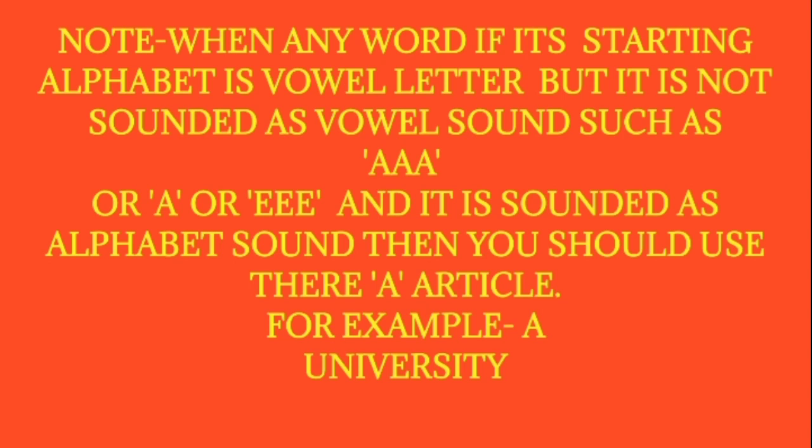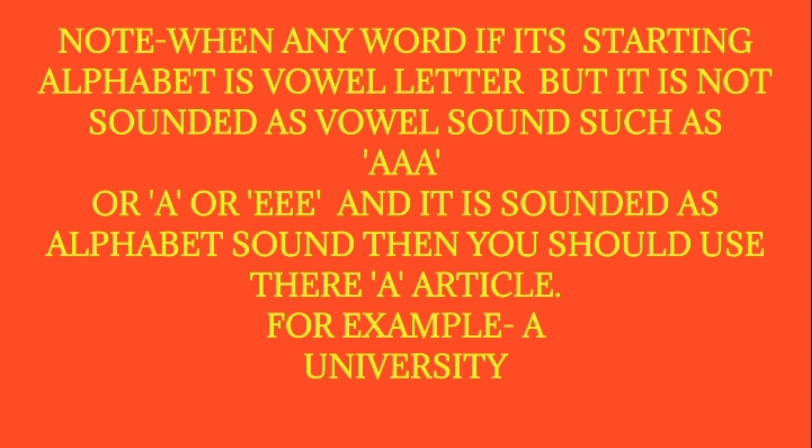Here, the word university starts with U, which is a vowel alphabet, isn't it? But it's not sounded as A or E. Instead of that, it is sounded as U, isn't it? So here we should use article A, not an.